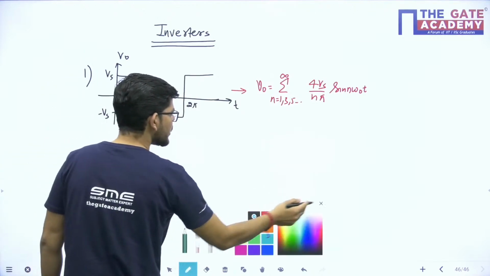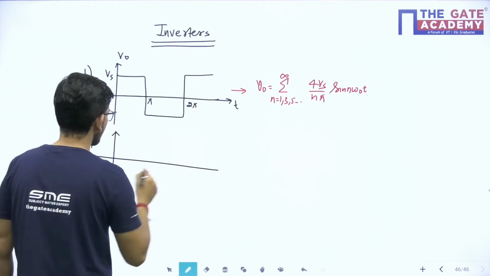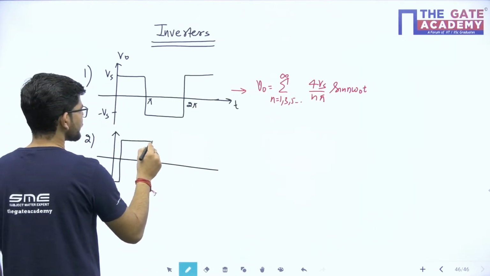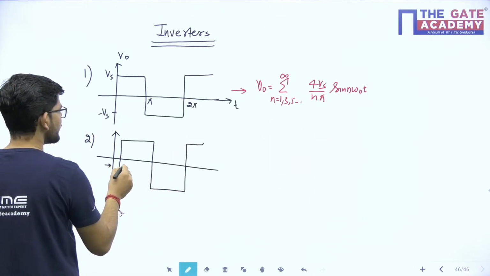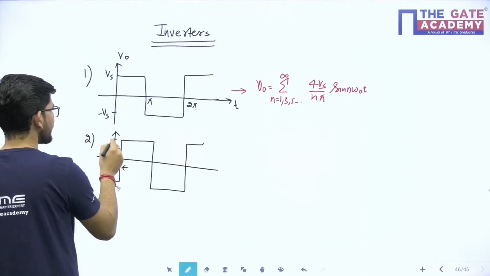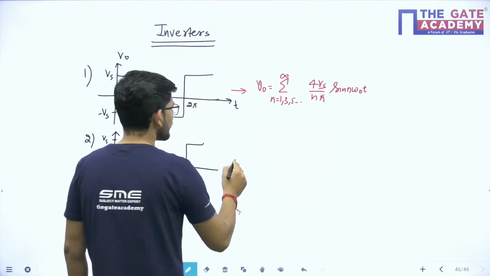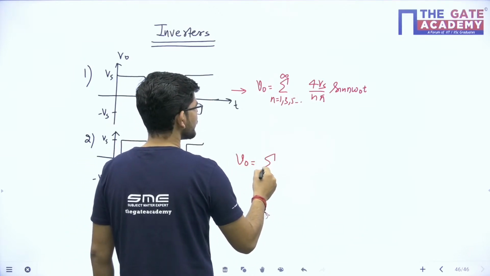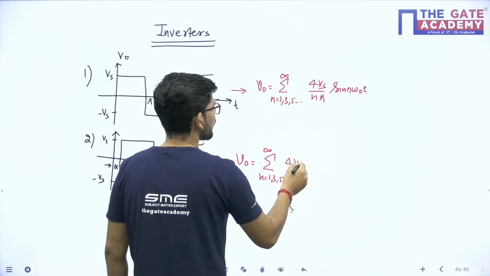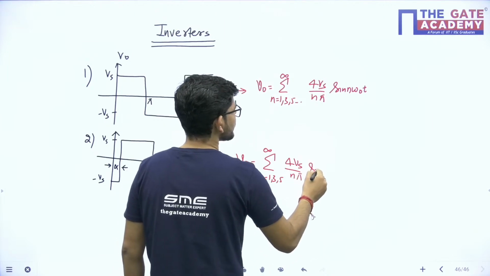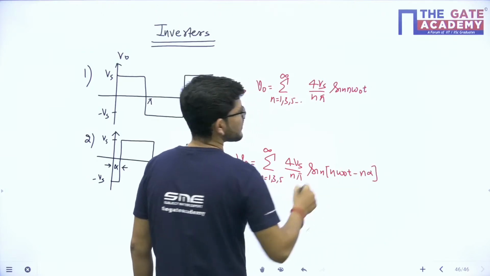Now if suppose this waveform changes its shape, and we have a similar waveform, but it is now shifted by an angle alpha. Then the Fourier series will be the summation for n equals 1, 3, 5 to infinity of 4 Vs upon n pi sin (n omega t minus n alpha).